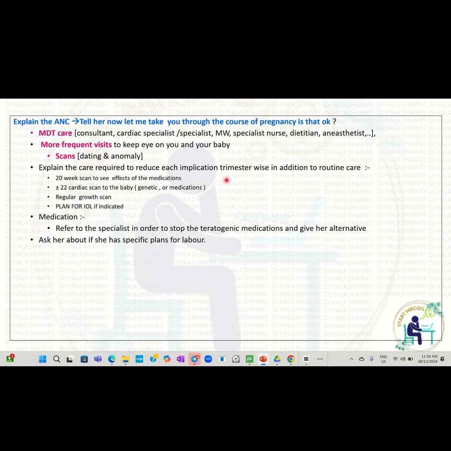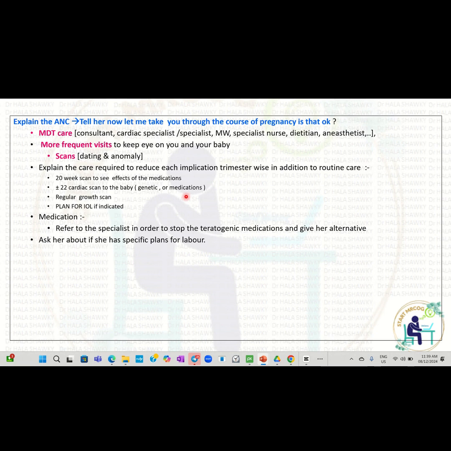In addition to the routine 20-week scan, this is routine, but we will highlight it and mention the reason. Because we need to assess the structure of the baby, particularly if the condition is genetic and can pass to the baby and affect the baby's heart, or the medication used during pregnancy can affect the baby.